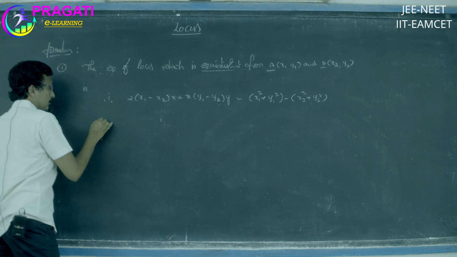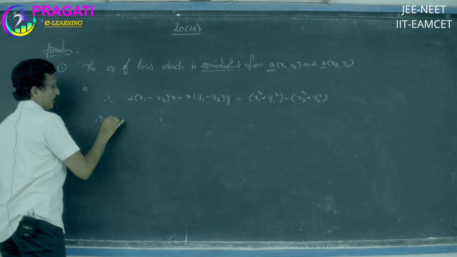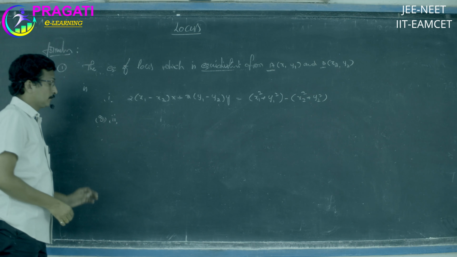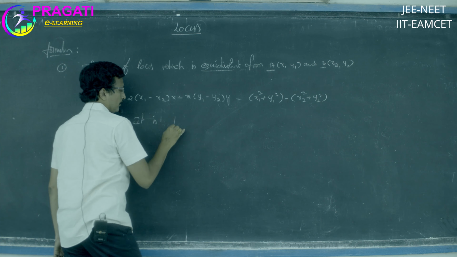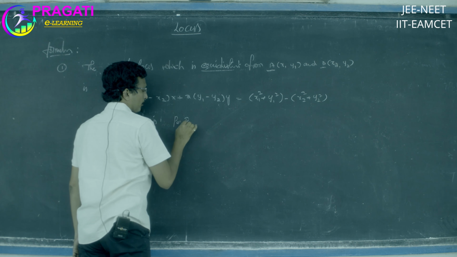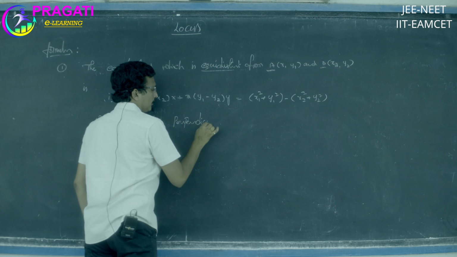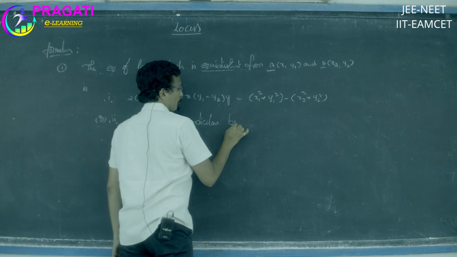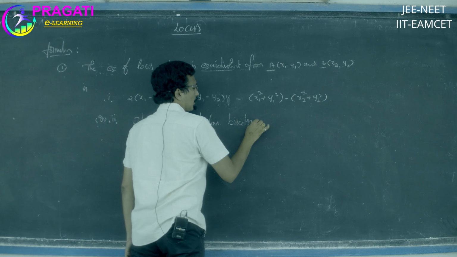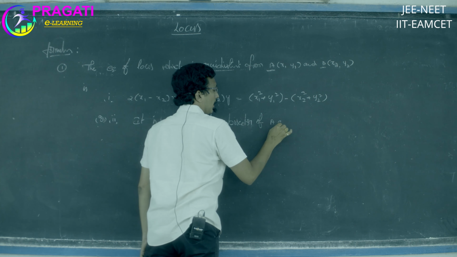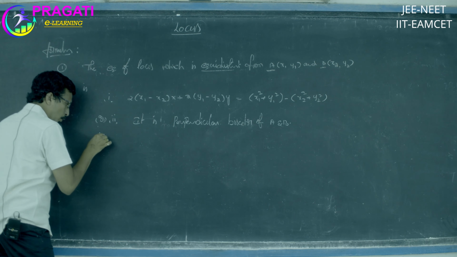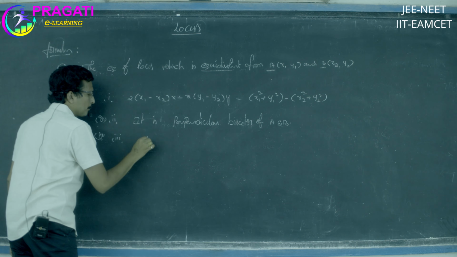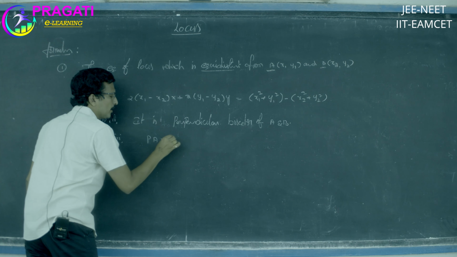Or another one, the second one, is the perpendicular bisector of A and B, or sometimes we use PA equal to PB.